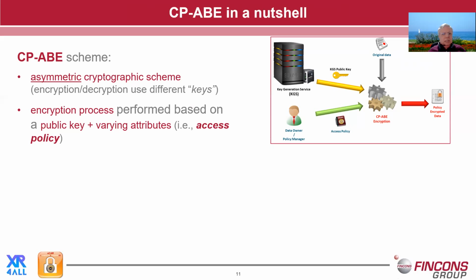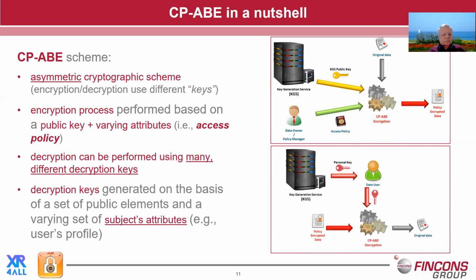So when you encrypt information, you use an access policy and the public key of the key generation service, and the policy is used to encrypt the information. So the same information encrypted with two different policies generates two different encrypted data.